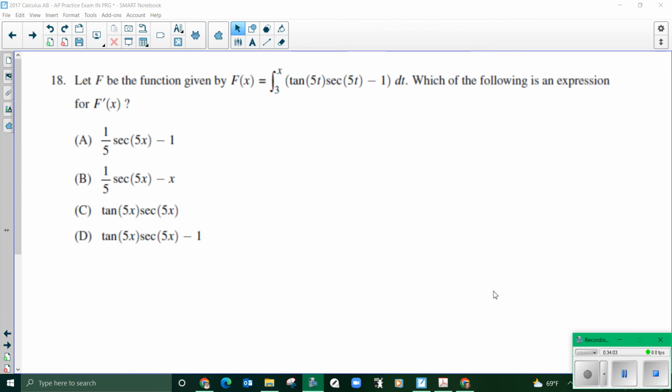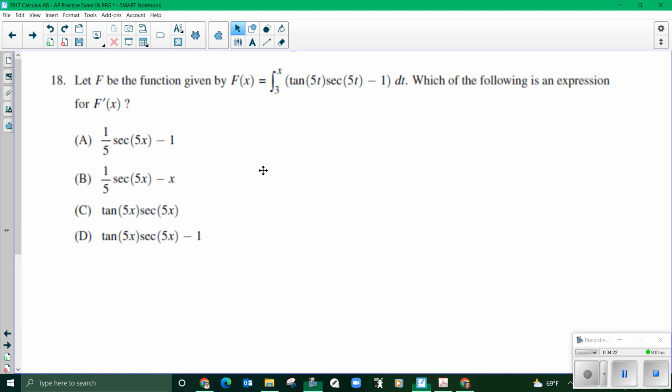18. Let F be the function given by F of x equals the integral from 3 to x of tan 5t secant 5t minus 1. Which of the following is an expression for the derivative of capital F of x?